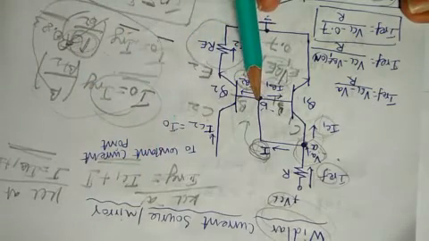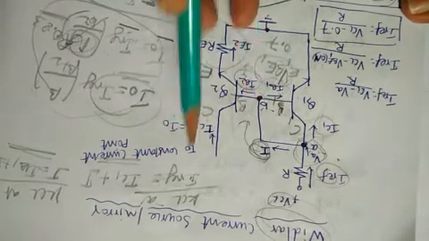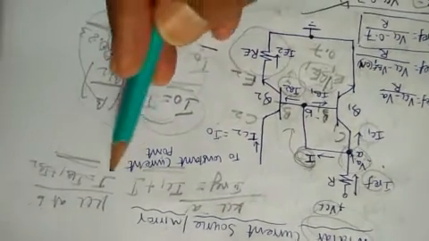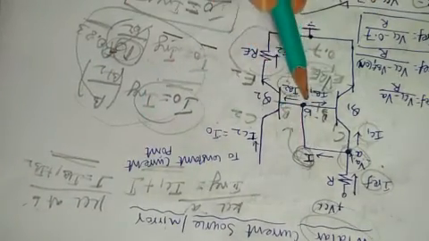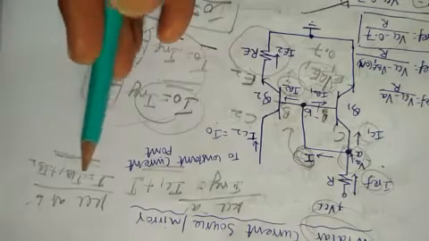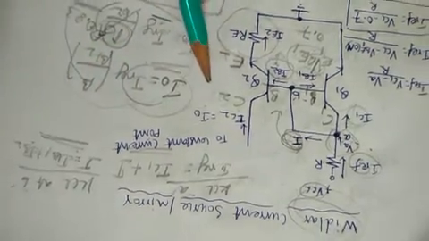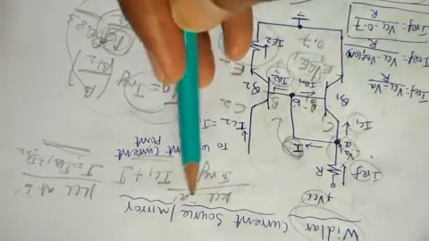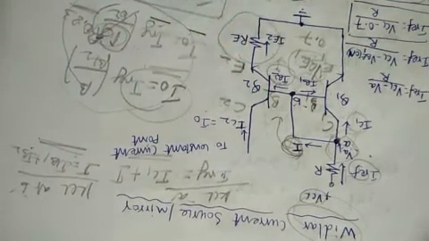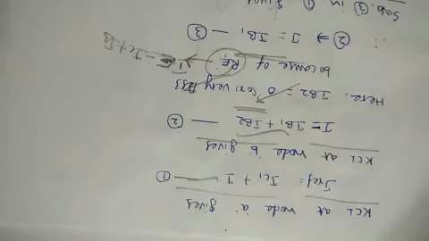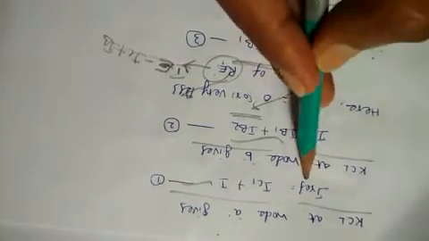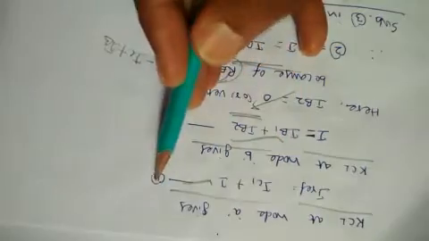Similarly for node B, the entering current is simply I here, and the leaving currents from the node are IB1 and IB2. So these two are to be considered. After considering these two equations, Kirchhoff current law at node A and node B, we have I reference equals IC1 plus I, name this as equation 1.